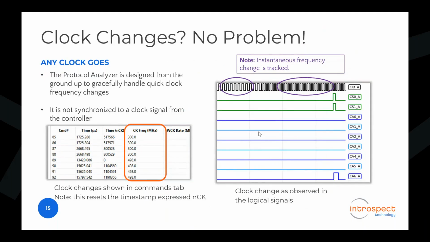And so we've designed the architecture of this protocol analyzer from the get-go to try and catch what we call instantaneous frequency changes. So in this particular trace, on the left, we have the human readable section of the table, and on the right, we have the logic waveform, right?